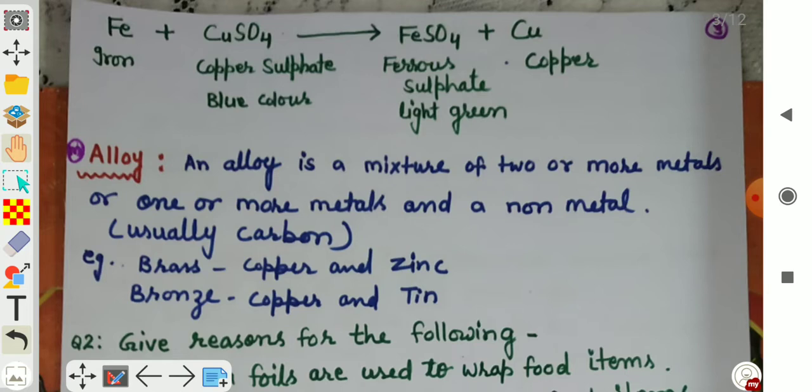Copper sulfate is of blue color. When ferrous sulfate is formed, its color is light green. So the blue color of copper sulfate is converted into the light green color of ferrous sulfate, and copper is displaced by the iron from copper sulfate.